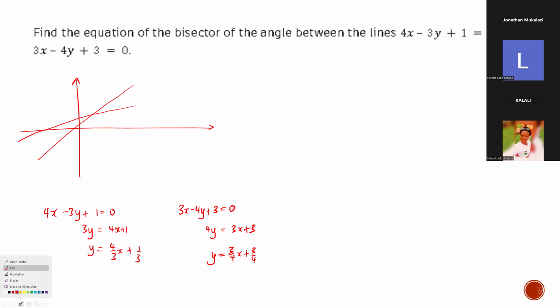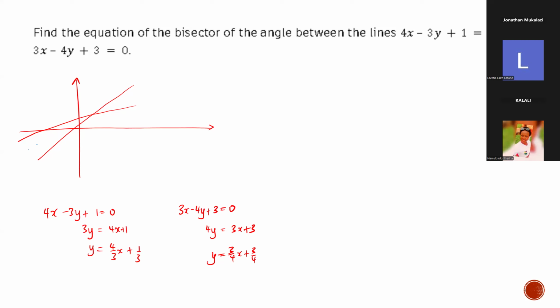Now, we're being asked to find the equation of the bisector of the angle between the two lines. Always note that when two lines intersect, two pairs of angles are formed. And so an angle bisector isn't specific.